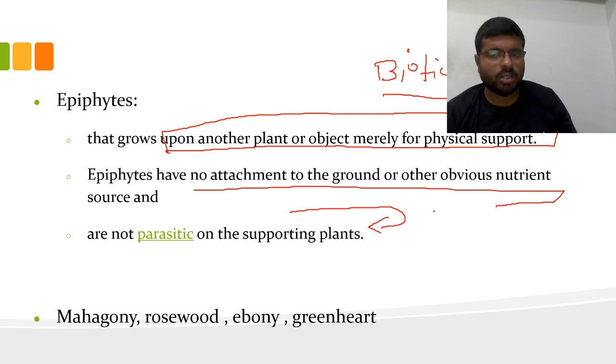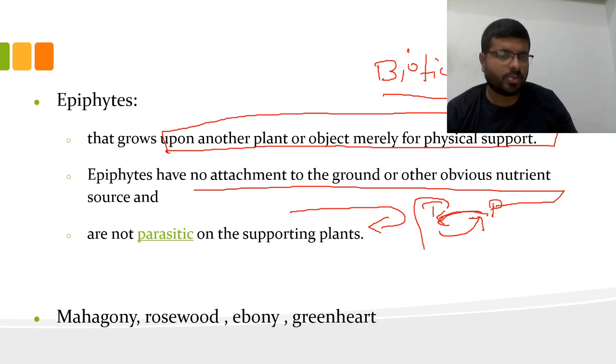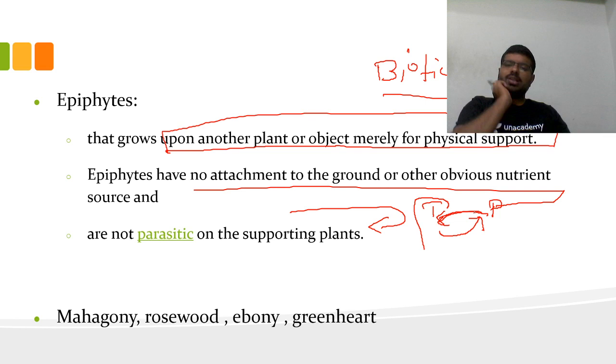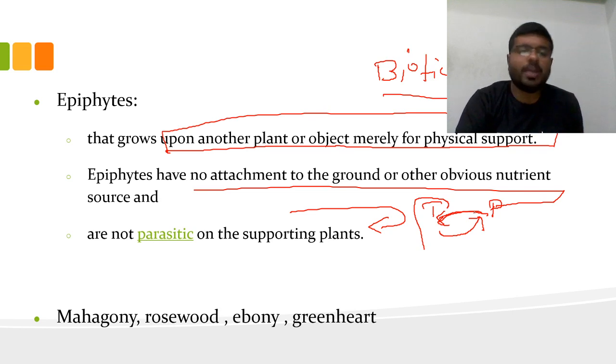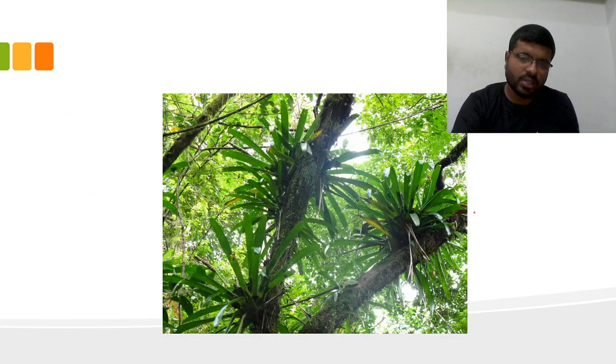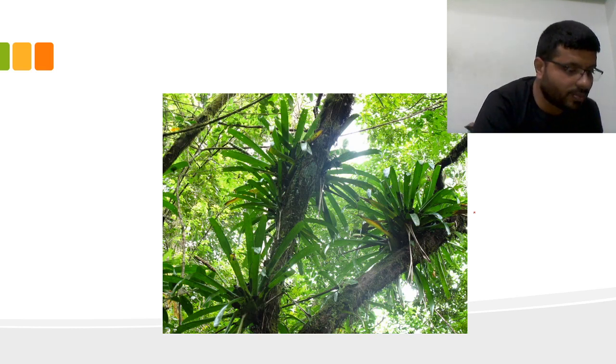So there is a big tree and a small plant; the tree is providing a home for the plant, which gets its nutrients from elsewhere, and the tree has no negative effect. That's why these are not parasitic on the supporting plants. These are called epiphytes. In this photograph there is a branch of a tree, and on this branch you find other plants growing. These other plants are called epiphytes.